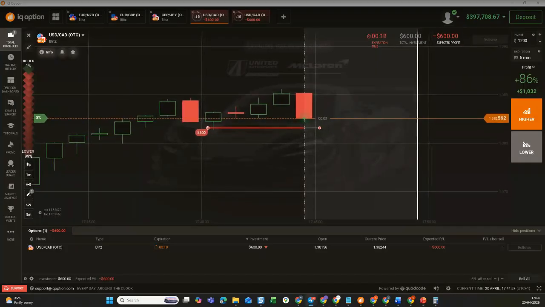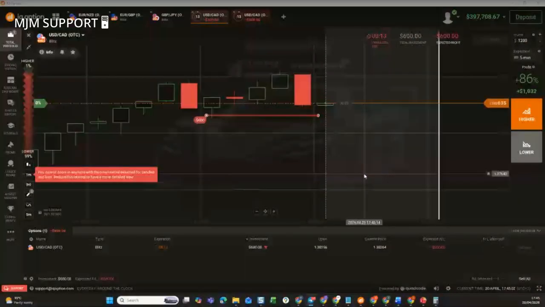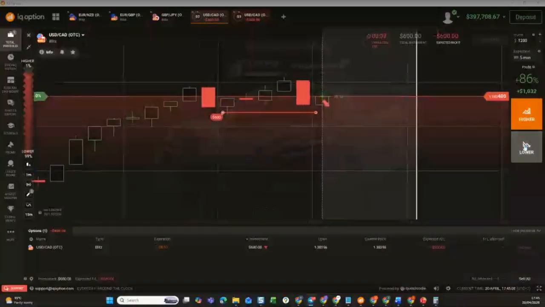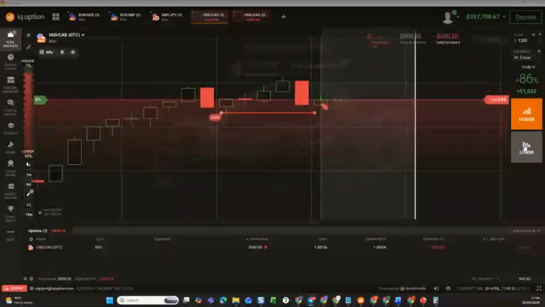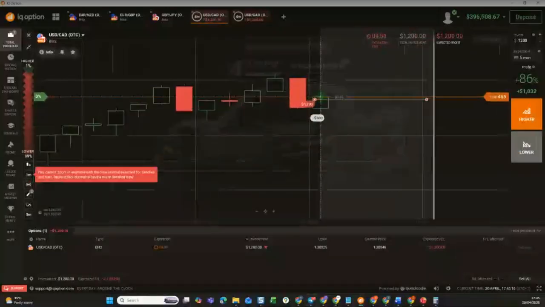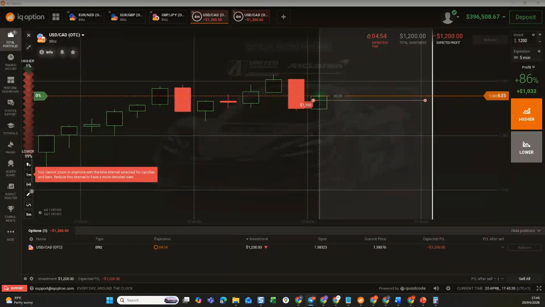So looking like we would have to use our first martingale level. Let's get ready. 9, 8, 7, 5, 2, 1. So let's go.